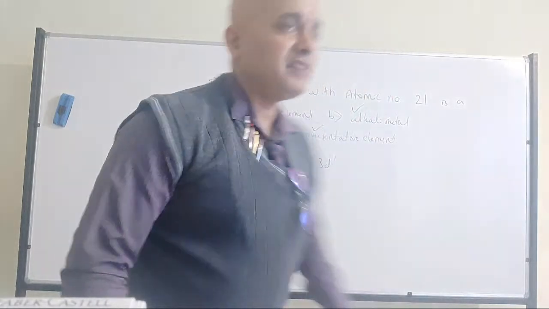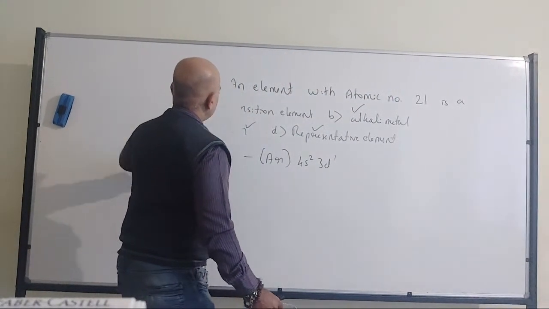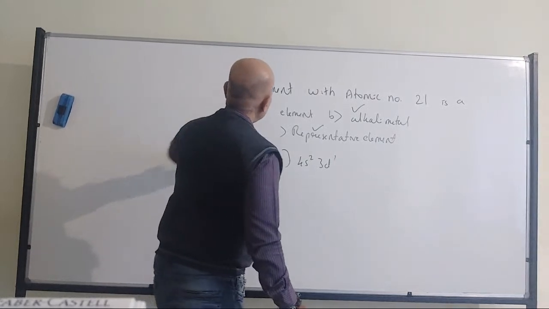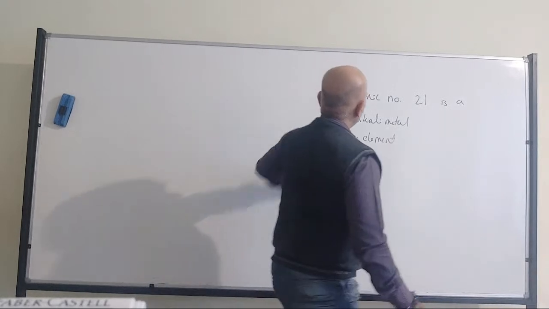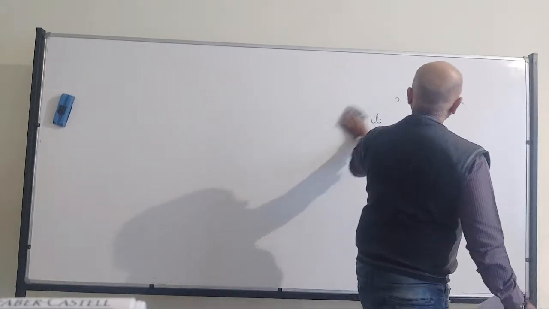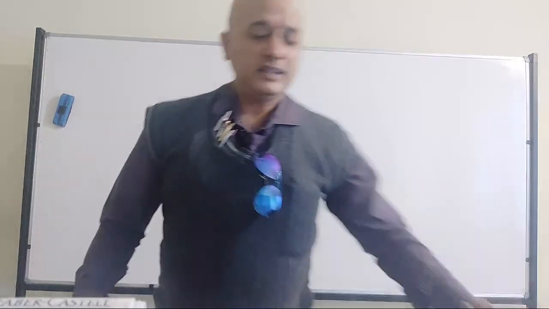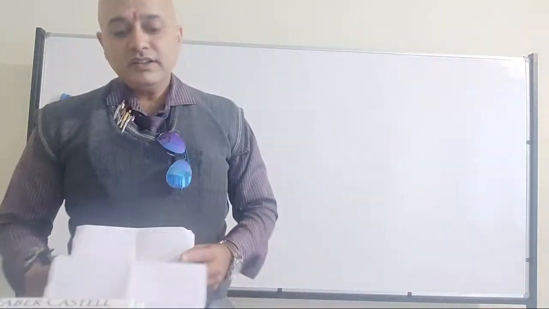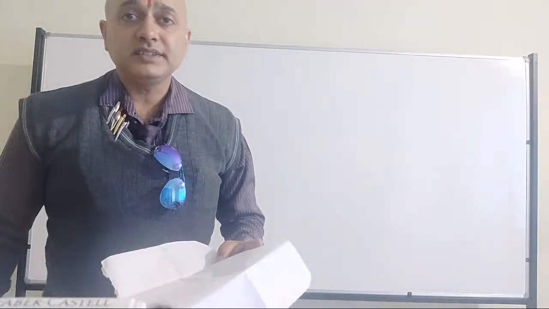Atomic number 21 is nothing but scandium, which is the first element in period number 4 related to transition metals. So question number 2, option A should be the answer.